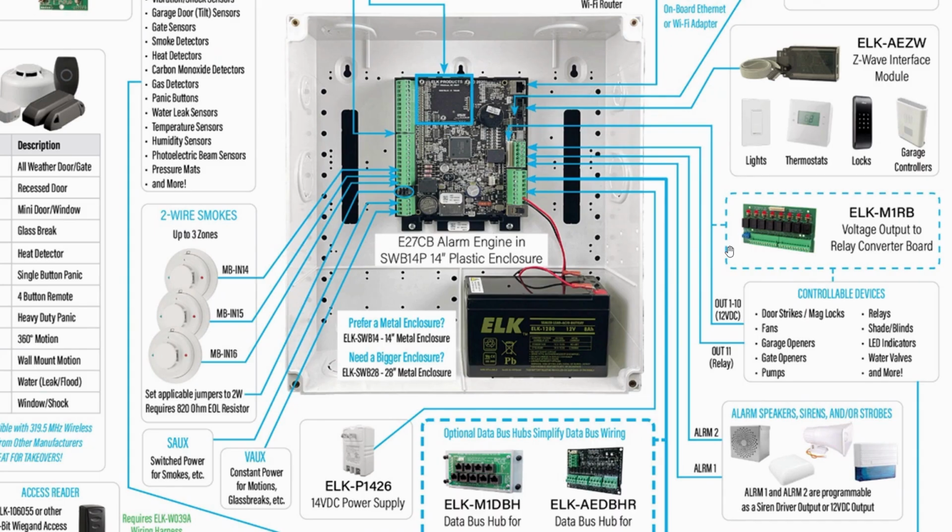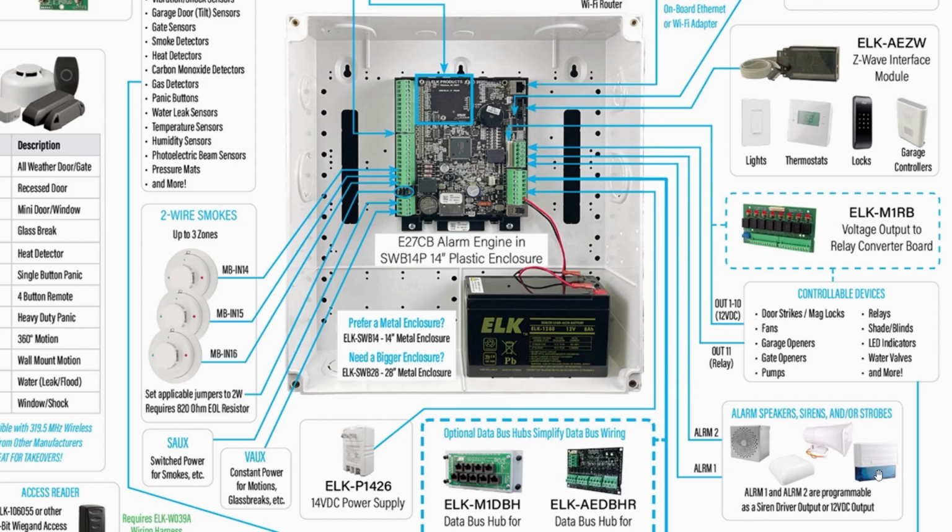Again, outputs are things that the system is triggering, or activating, so that they can trigger an additional action, or we control the action. One of those types of things would be our alarm outputs. Our alarm outputs tie into the main board, and you have an alarm output 1, alarm output 2.